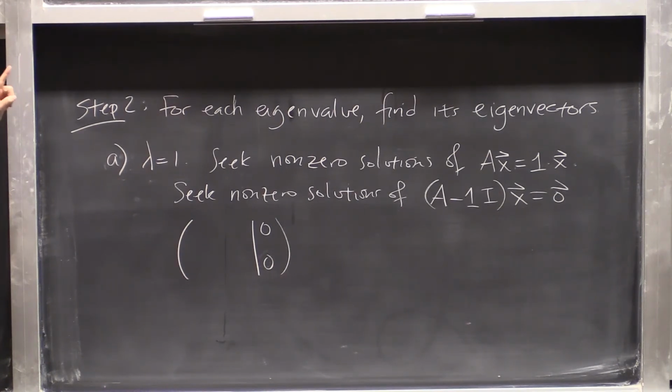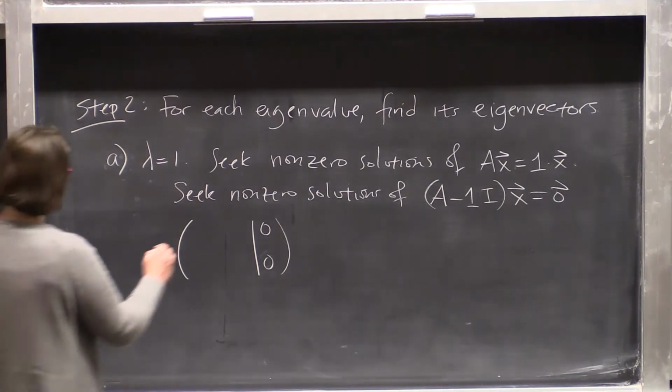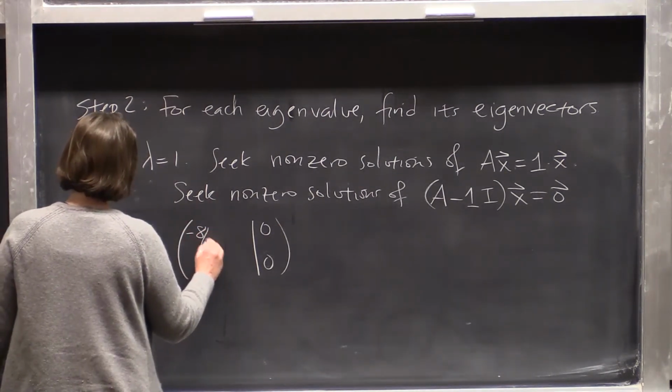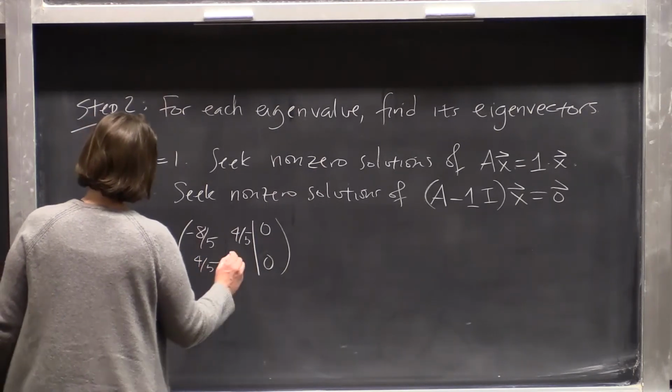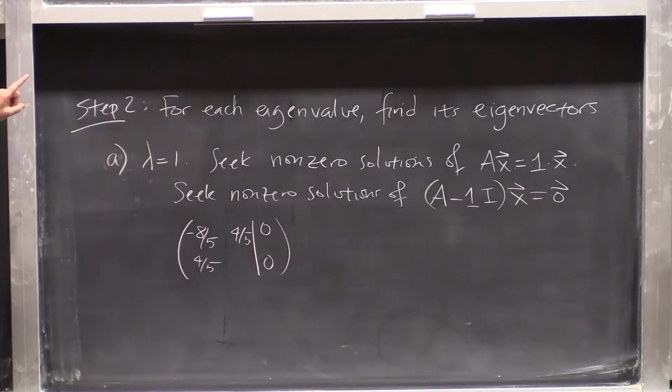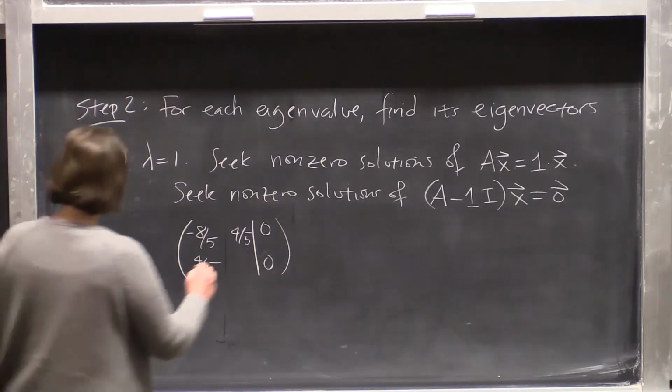So that's -3/5 minus 5/5, which is -8/5. Then 4/5, 4/5. Now in the 2,2 entry, I have 3/5 minus 1, because lambda equals 1. So 3/5 minus 5/5 is -2/5.